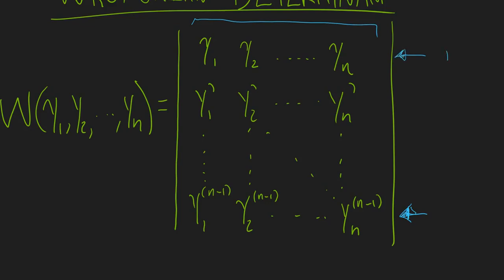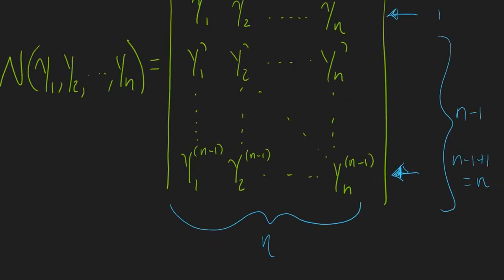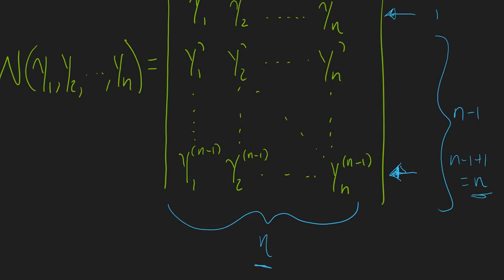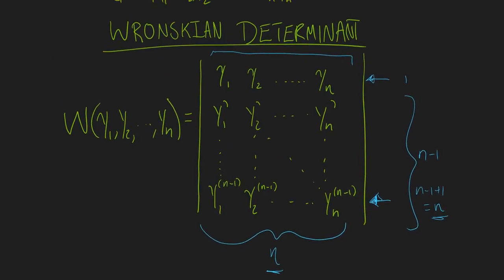So we have 1 right here, and then right here we have n minus 1, and n minus 1 plus 1 is just equal to n. We have n entries along the rows, and we have n entries along the columns. Okay, so that is the Wronskian determinant.